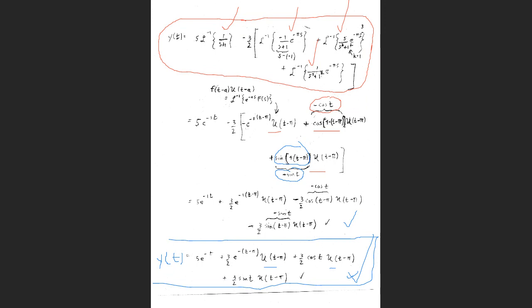And the unit step functions will equal 1 when t is greater than pi. And so this allows us then to express our final answer for our solution as this piecewise function. And we know the solution has to be a piecewise function because the driving force changes at t equals pi.